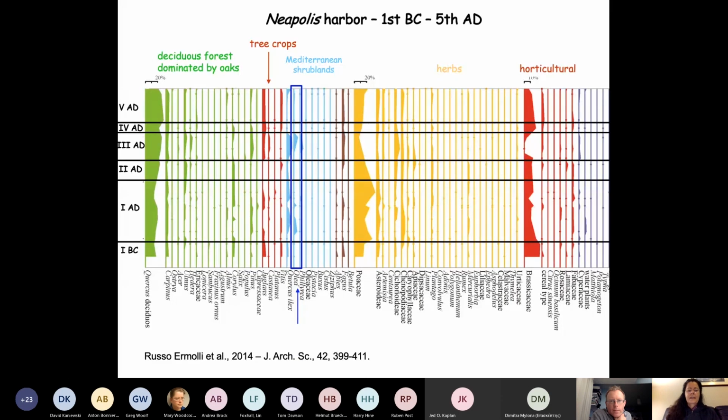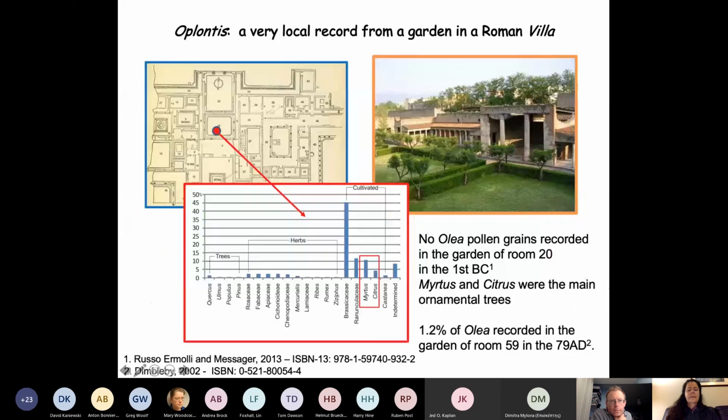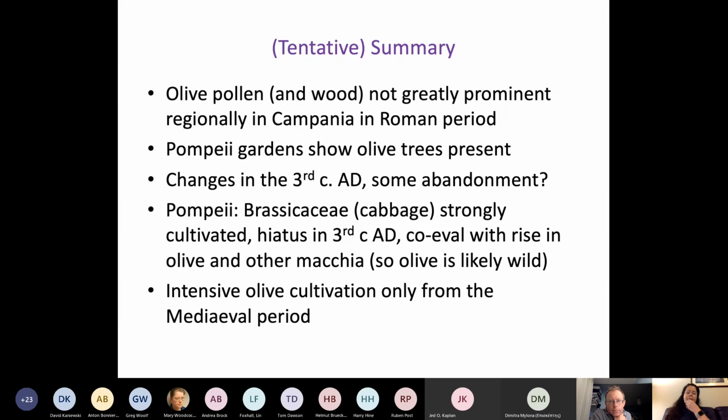So here's olive just here, and you've got far more of many other things. So the ancient historians have, or even just looking around, we thought there was a lot of olive everywhere, but in Campania, it doesn't seem like we actually had a lot of olive growing in the environment as opposed to grape.